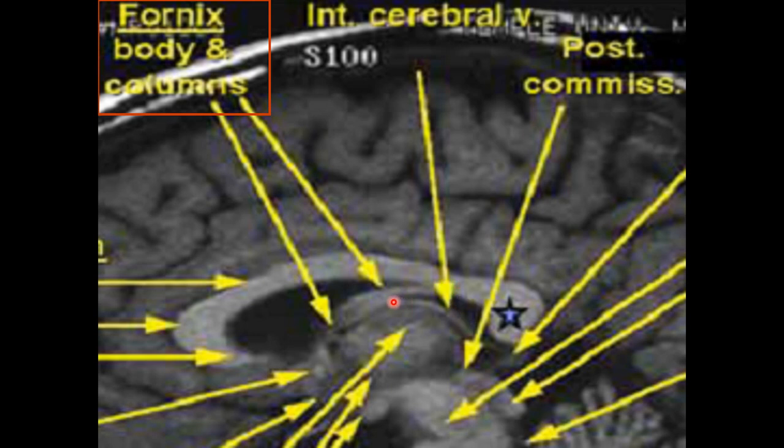The two crura will unite, form the body, and then they will divide into two columns, and from the columns will form the anterior limits of the interventricular foramen of Monro. That's the foramen connecting the lateral ventricle to the third ventricle, and they will go to the mammillary body and the hypothalamus. Is it okay now? Do we get it?